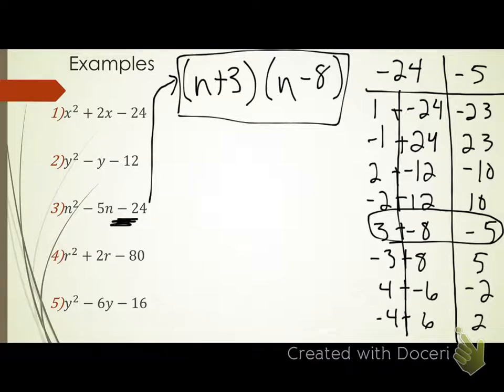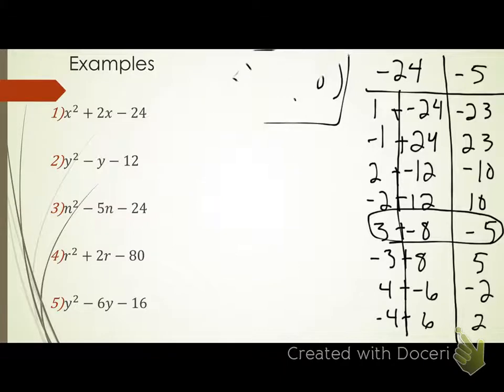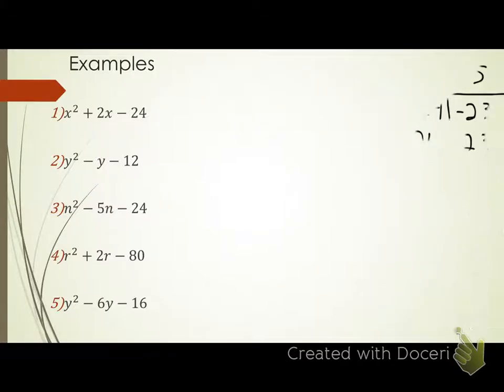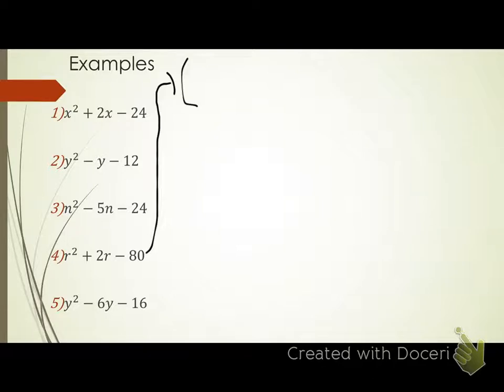Okay, number 4. What's my variable? R. The sign's minus, so what does that tell me? They're different signs.